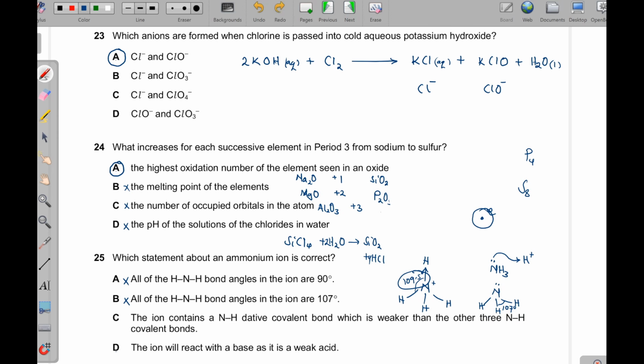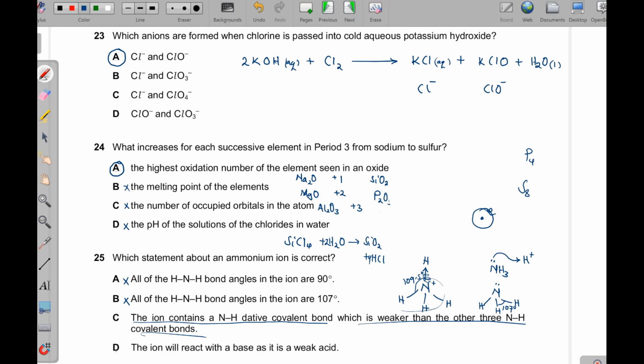You see that? Okay. Then next, the ion contains the NH dative covalent bond, which is weaker than the other 3 NH covalent bonds. First of all, the ion contains this N to H dative covalent bond. I talked about it. But it is not weaker than any other. All of these are bond pairs, 2 electrons shared.